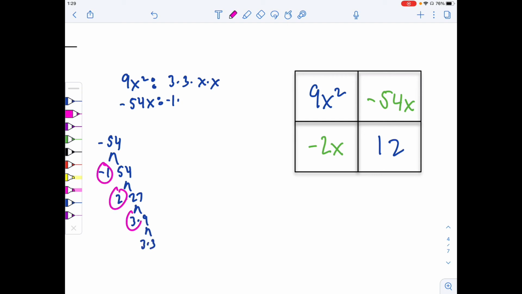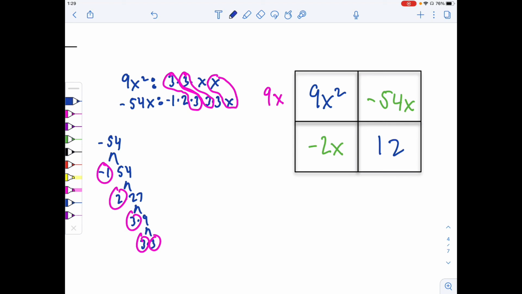So we have 2 times 3 times 3 times 3 with 1x. For our common factors, 3, 3, and x. So 3 times 3 is 9, so 9x is our greatest common factor, GCF.